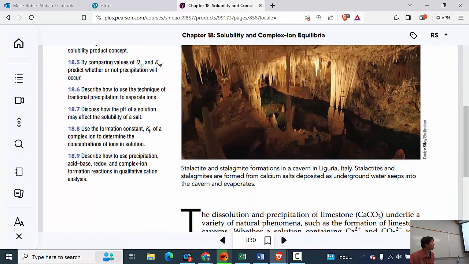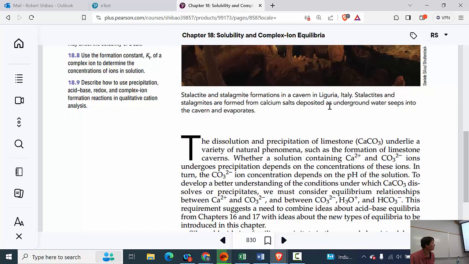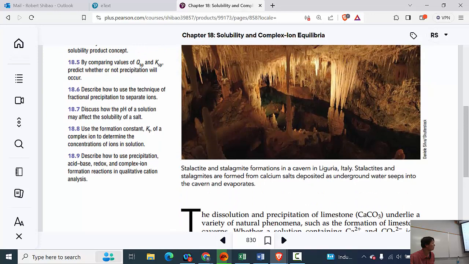Anyway, they have these things. This is precipitation. There's lots of different ways we try to form crystals. One of them is by evaporation of the water. But if you evaporate all the water, then the impurities can also crystallize out.